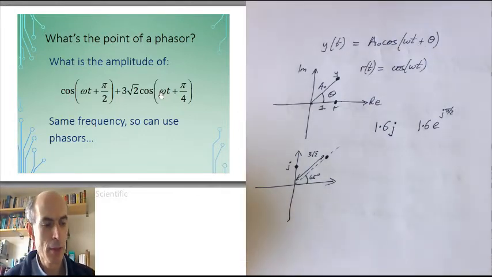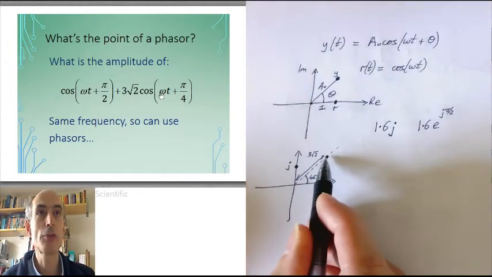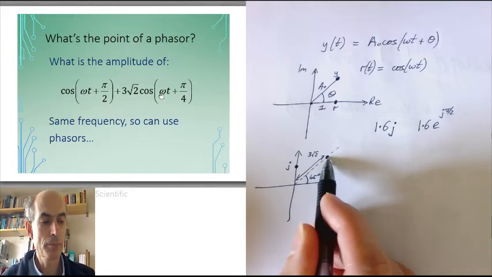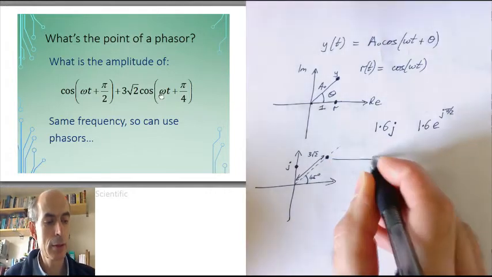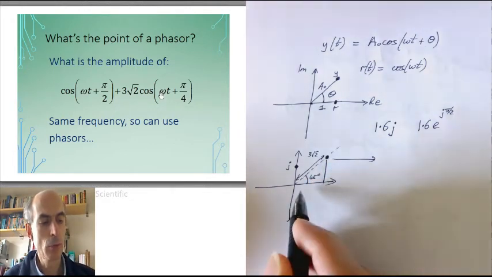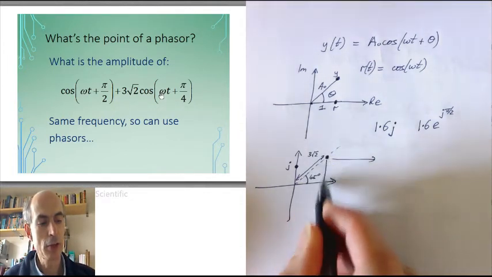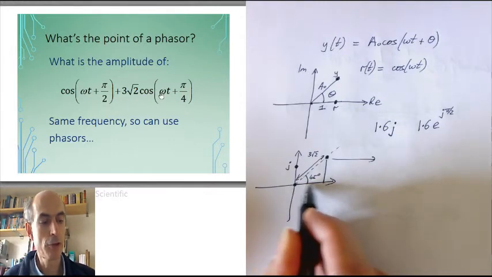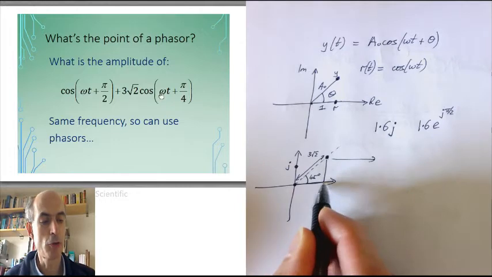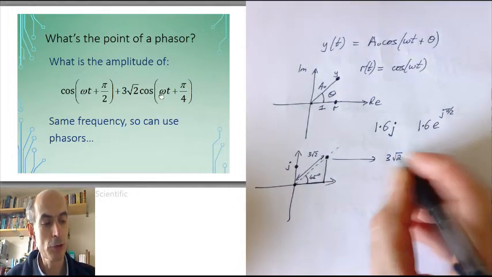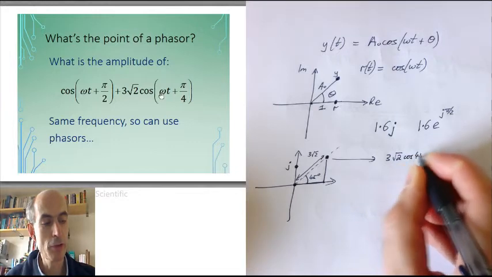That I can do by expressing this second phasor here in terms of its real and imaginary parts. This phasor is going to have a real part of, well, considering this right-angled triangle, the length of this side, which is the real component of this phasor, is going to be 3 root 2 times cosine of 45 degrees.